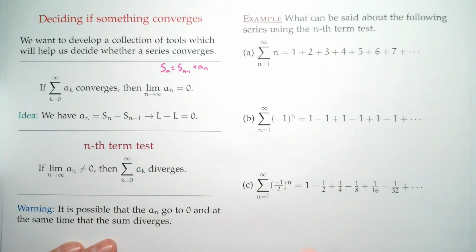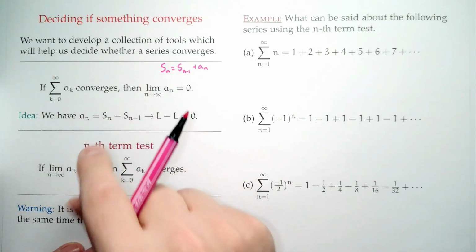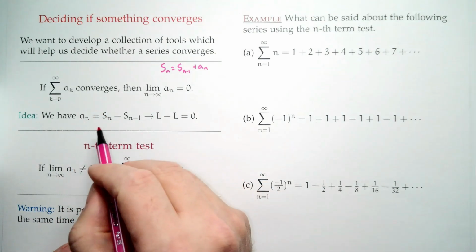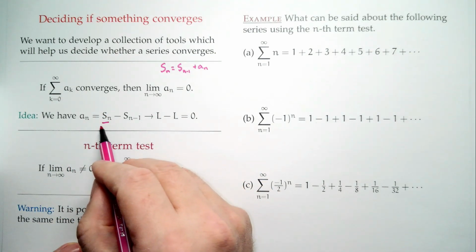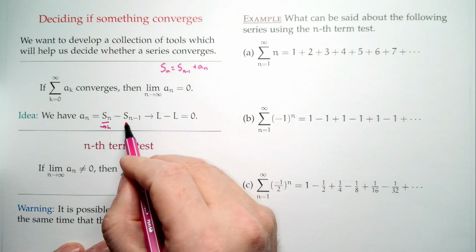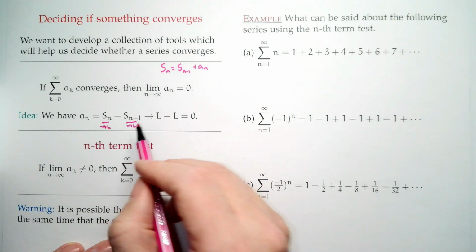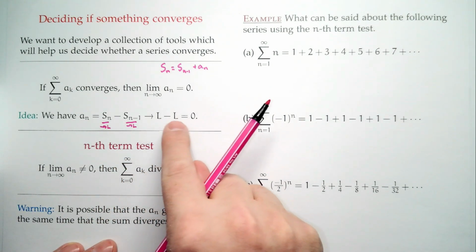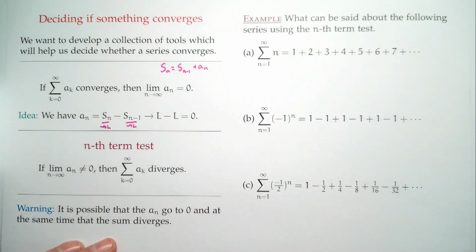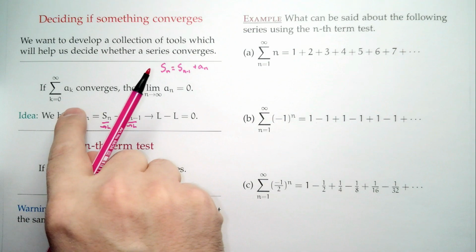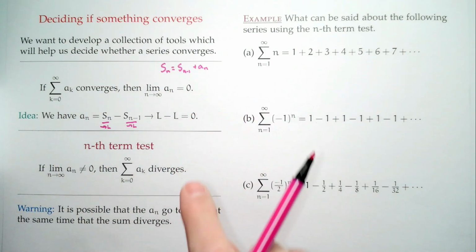Now, we say that the sum is converging, which means that this partial sum converges to L, and that partial sum is converging to L, so it's converging to L minus L, which is 0. All right. So, if the sum converges, the terms have to go to 0.